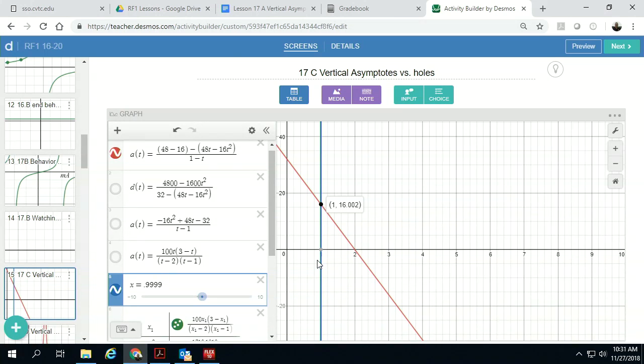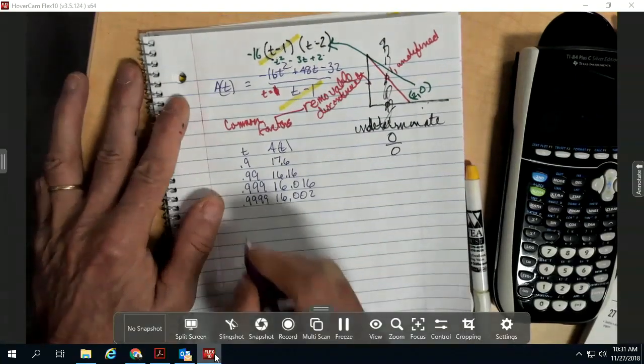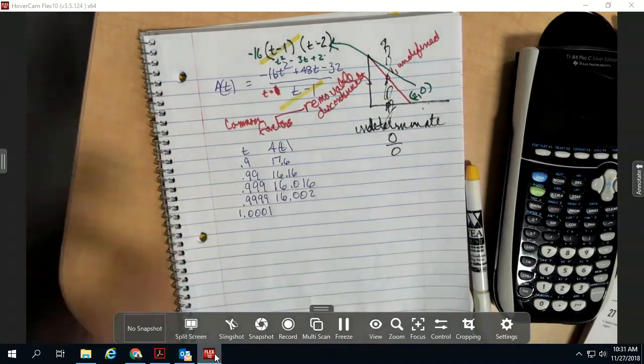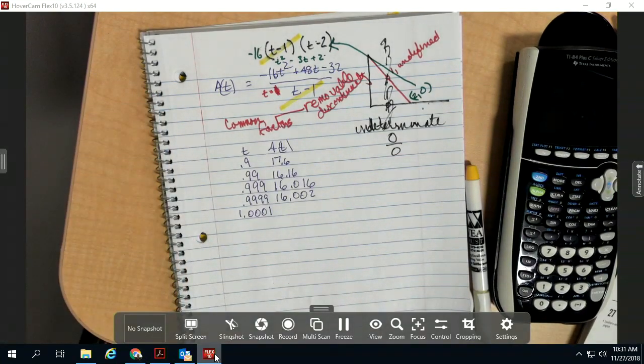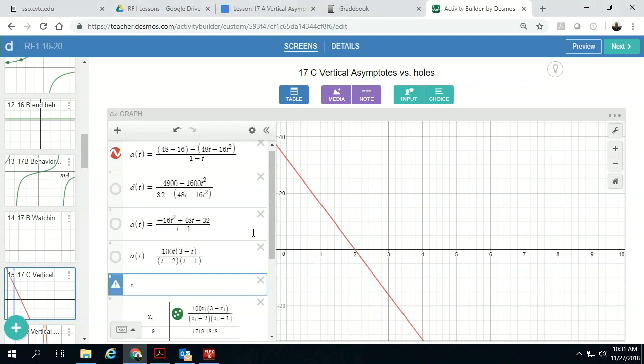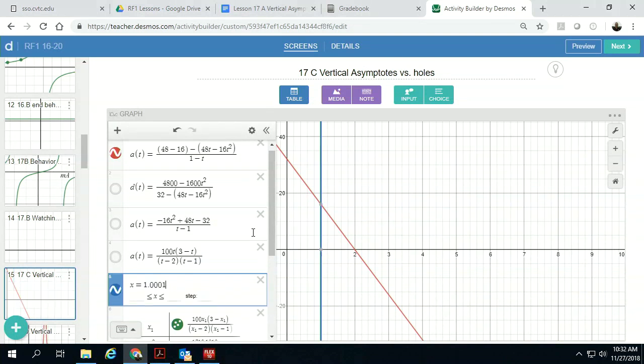Then I'm going to add one more on my table. So put one more on your table right below that. Right, 1.0001. So let's just go to just the other side of that as we get closer and closer and closer to it. So I'm going to write 1.0001. And if you notice when I do, it's 15.998.